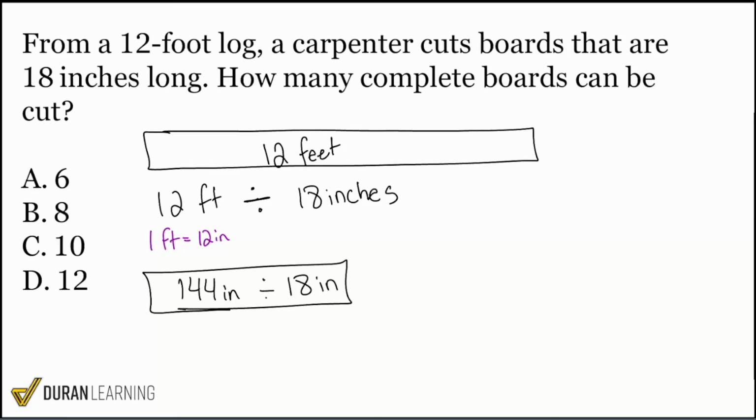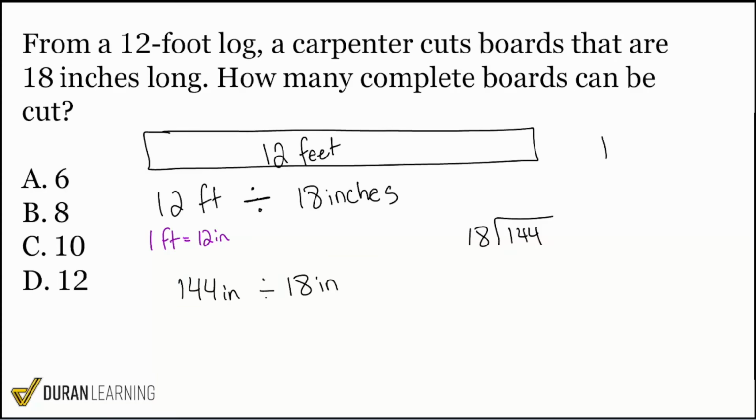144 divided by 18. We can show that as long division over here, but it's really no point because 18 doesn't go into 1, doesn't go into 14. And so we have to take a guess here to get to 144. This is where I'll reveal the correct answer. It's going to be 8, because after some guessing and checking, we could get 18 times 8. 8 times 8 is 64.